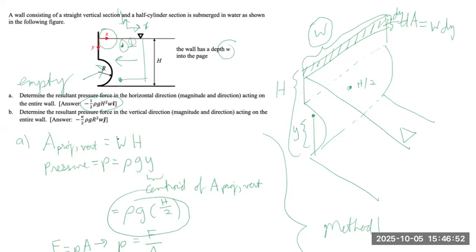So if you think about that, this is why the resultant pressure force in the vertical direction acting on the entire wall is equal to the weight of the water that this semicircular portion displaces.